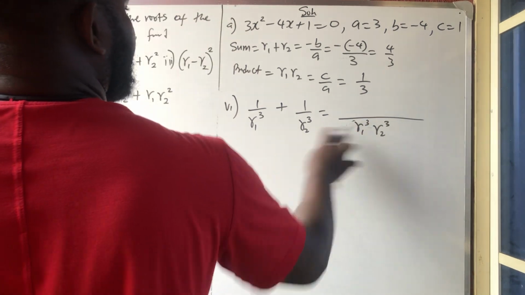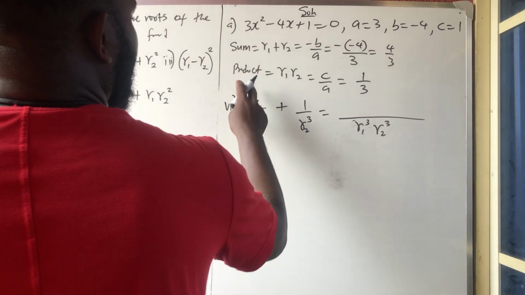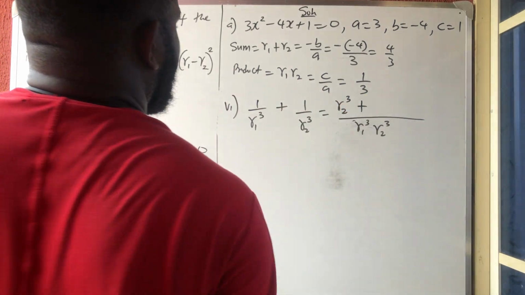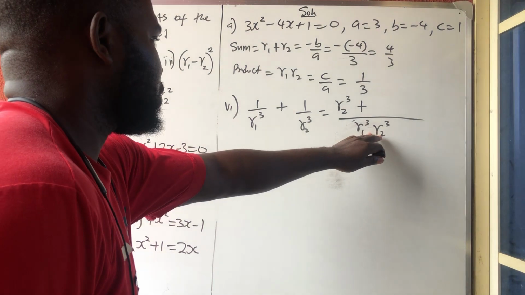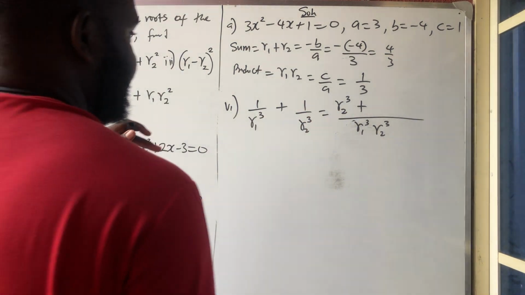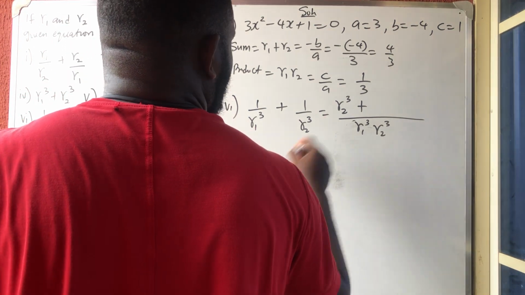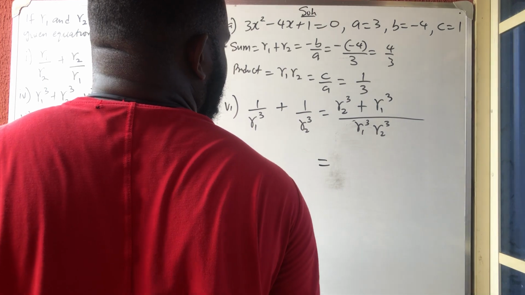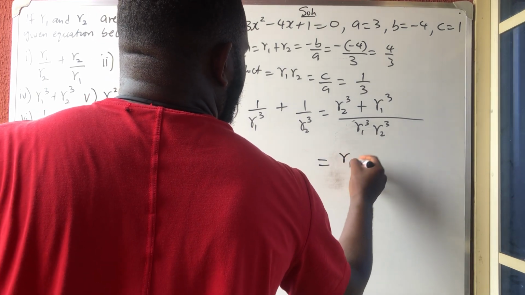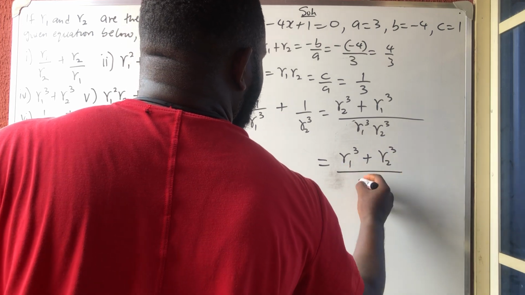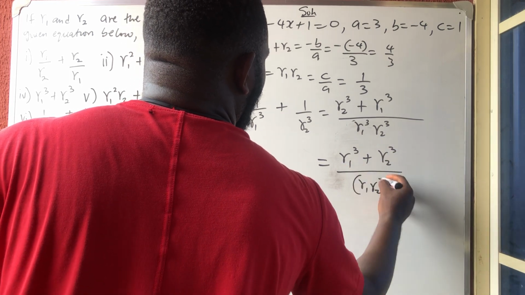When both of them divide, this is meaning R2 cube, plus when both of them divide this one, I'm having R1 cube. So it is now the same thing as saying, let me arrange this very well: R1 cube plus R2 cube all over R1 R2 all cube.